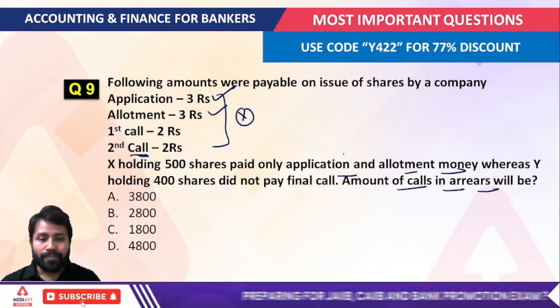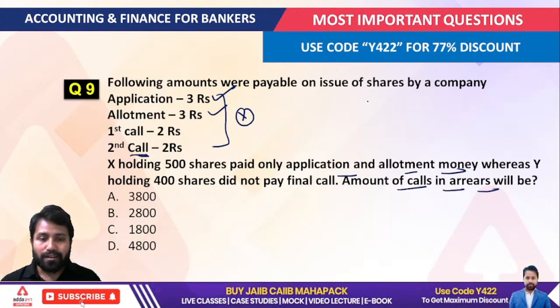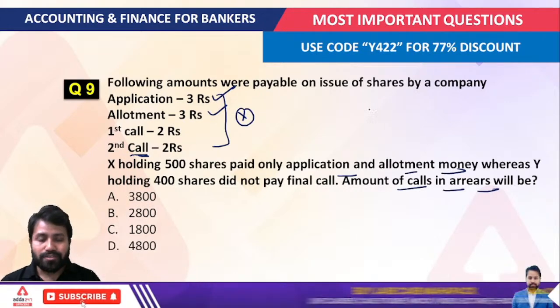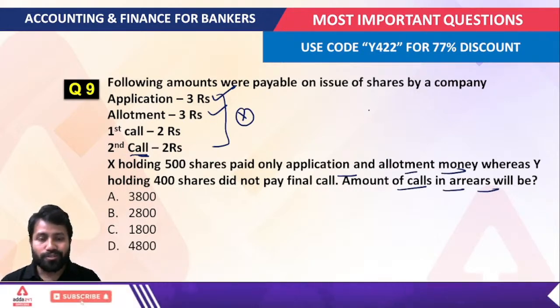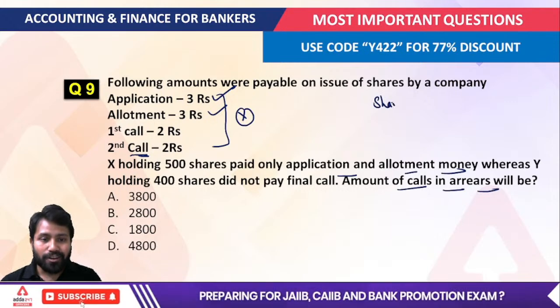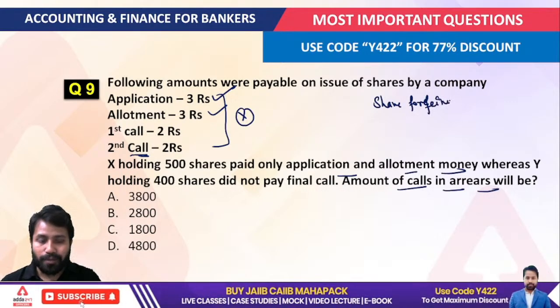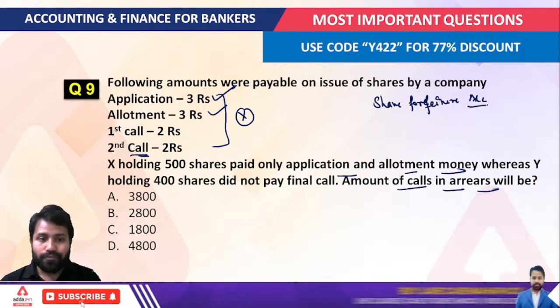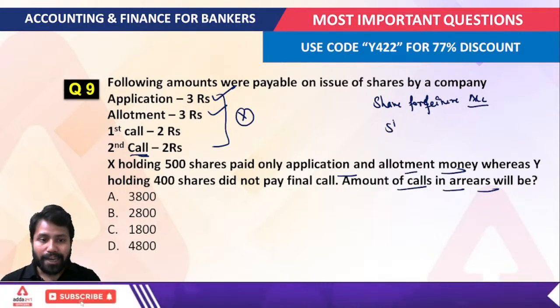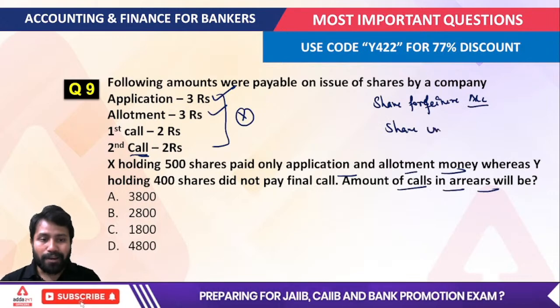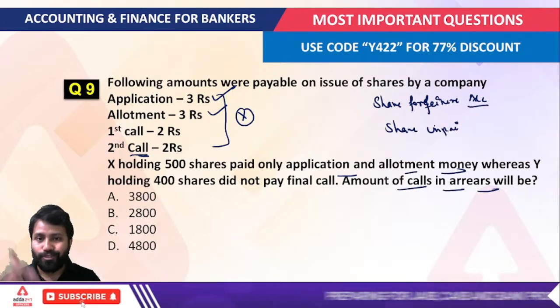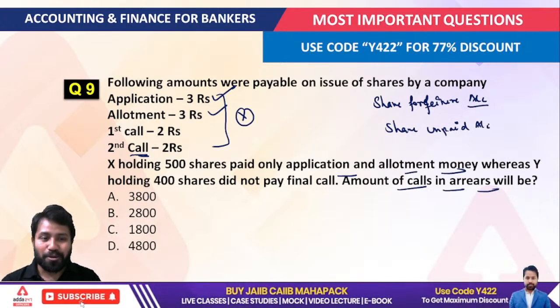Now understand, when a company has to forfeit shares, there are two terms you should know. The very first is the share forfeiture account, like in yesterday's session I discussed the question about that. Another is the share unpaid call. Just watch that video and you will understand what I told you there.